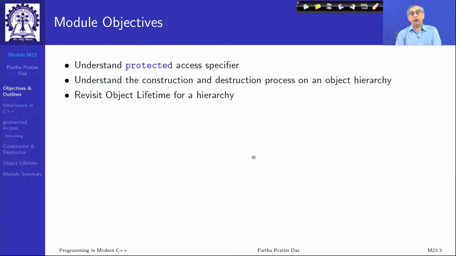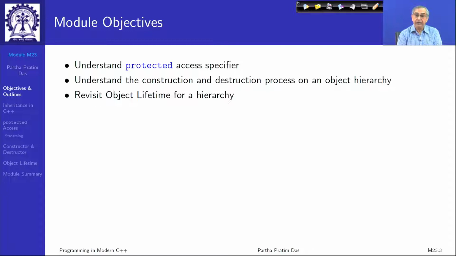So, in this module, we will first introduce the concept of protected access specifier to provide a solution, because under the semantics of inheritance, the first objective of object oriented analysis and design, that is encapsulation, is seeming like breaking down.